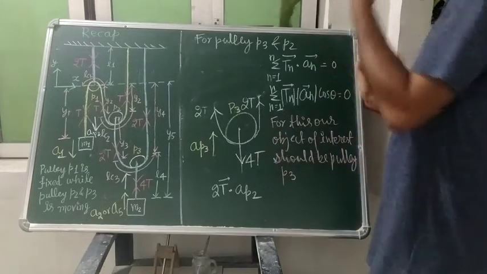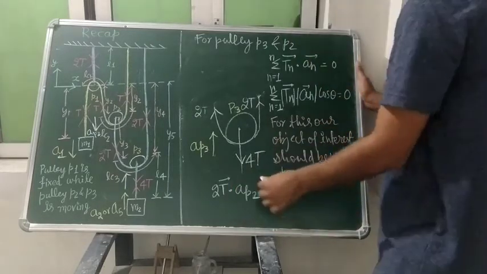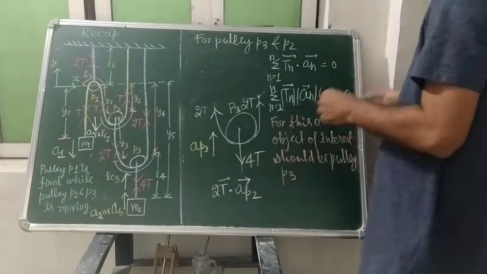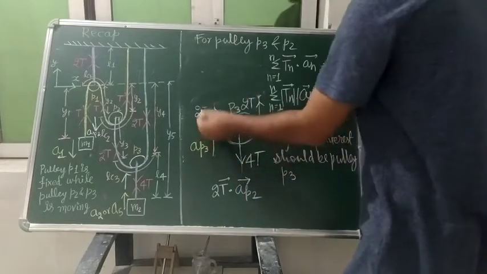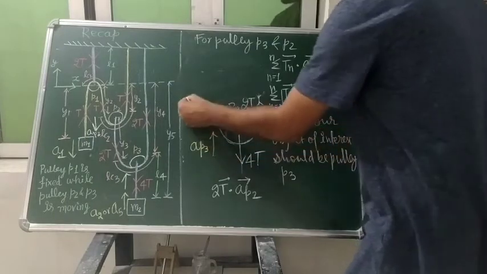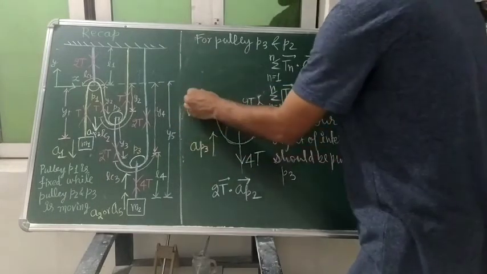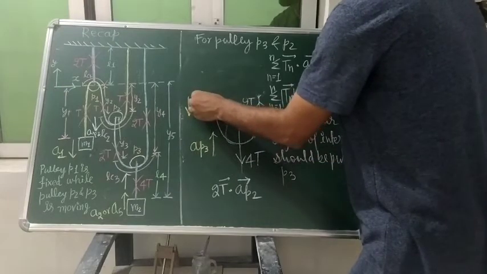I never liked the short trick, but since it saves time, you will keep these things in your mind. So the dot product of the 2T vector and the AP2 vector: I have assumed the acceleration of pulley P2 in the downward side. You can select any one direction.